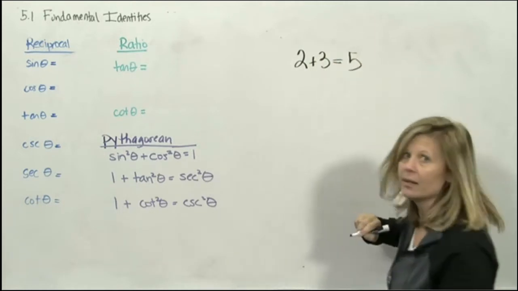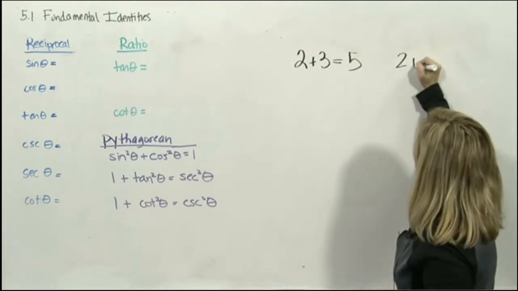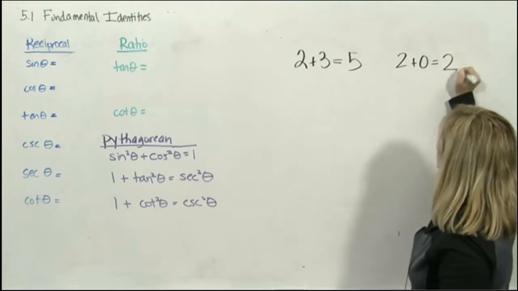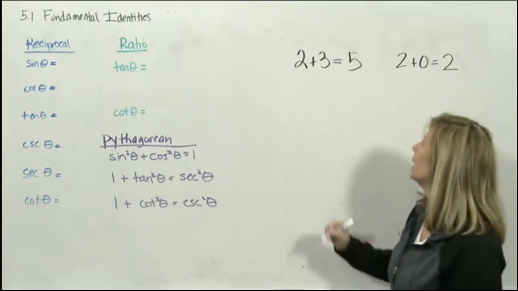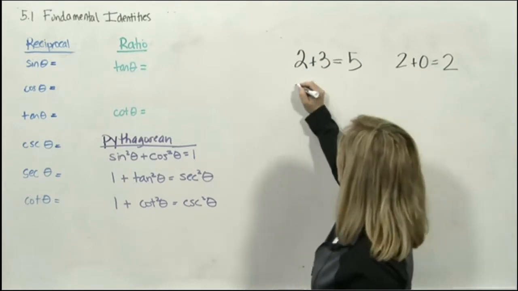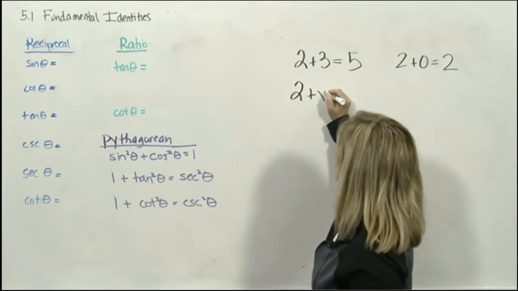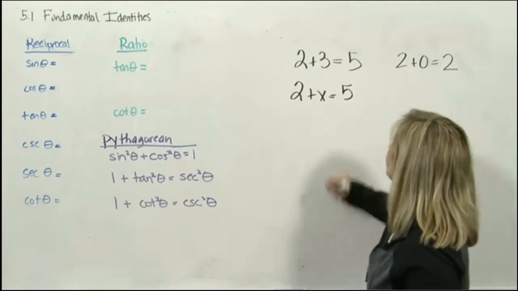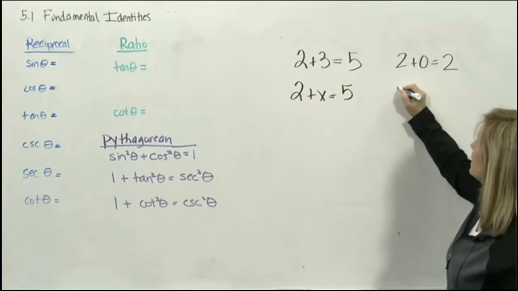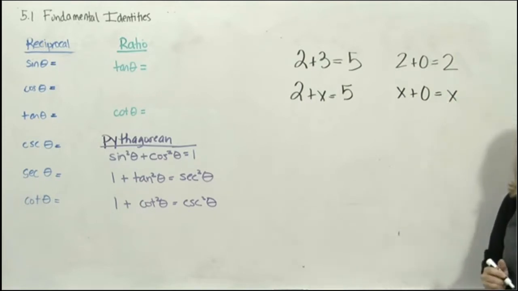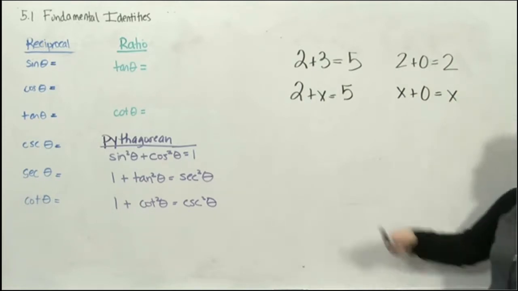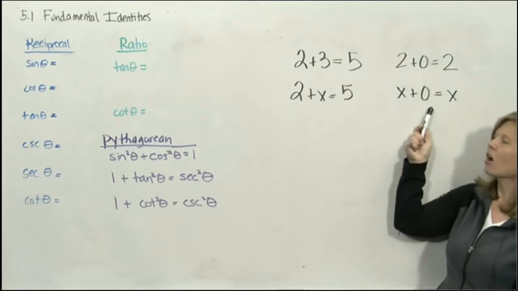This is an identity in first grade. From Algebra 1, this is an Algebra 1 equation. This is an Algebra 1 identity. Now, what I want you to notice, these are our equations, these are our identities.